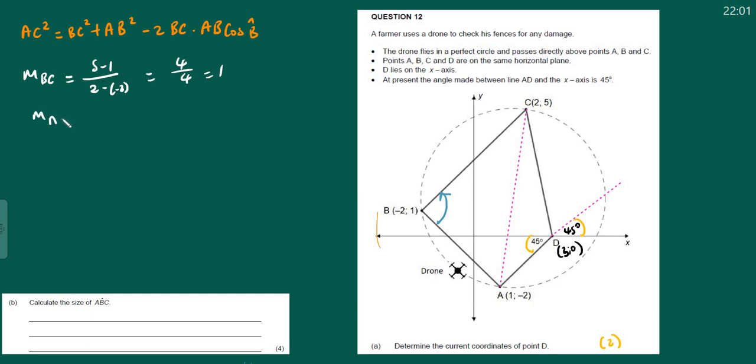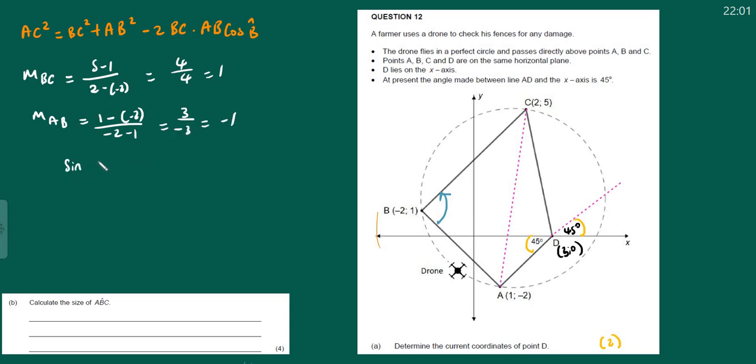Then the gradient of AB would be what? 1 minus negative 2, meaning y of this minus that, then negative 2 minus 1. Then that should give us 1 plus 2 is 3. This is negative 3, so the answer is negative 1.